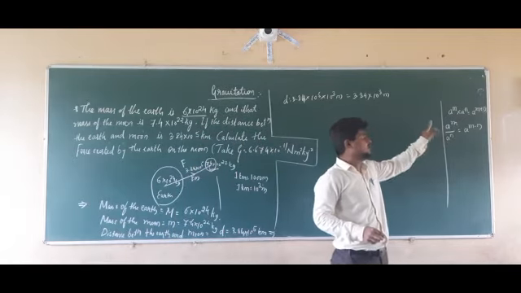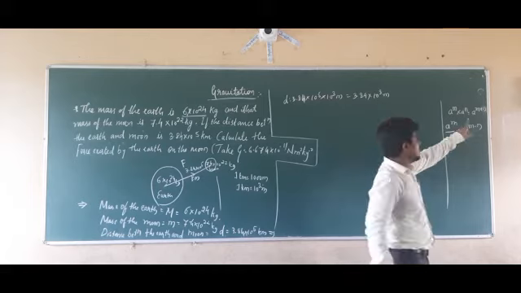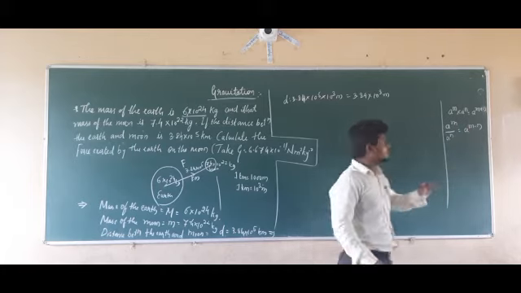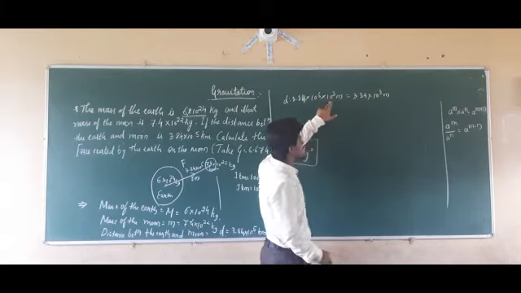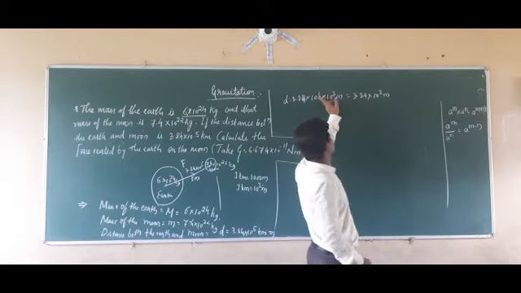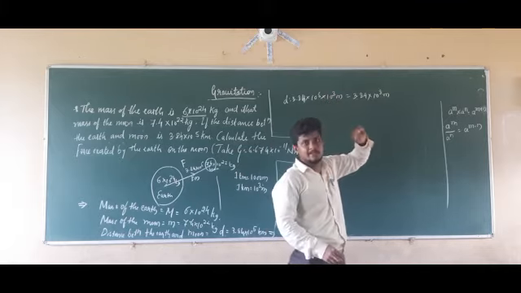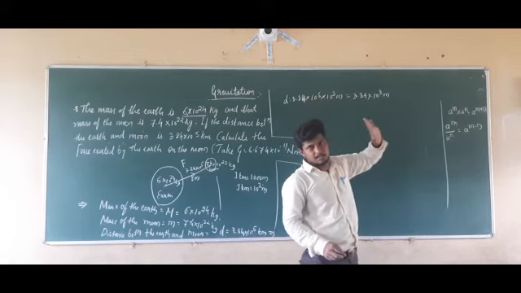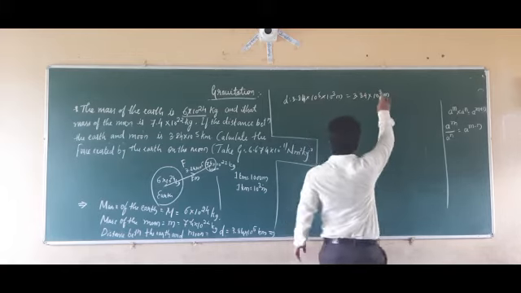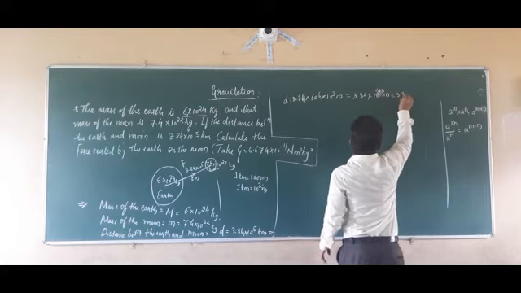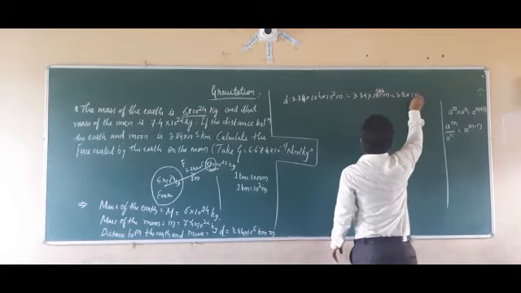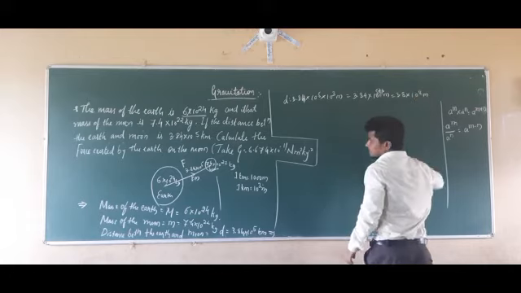So 10 raised to 5 into 10 raised to 3 has the same base, so it is 10 raised to 5 plus 3, which is equal to 10 raised to 8 meters. So it will be equal to 3.84 into 10 raised to 8 meters.